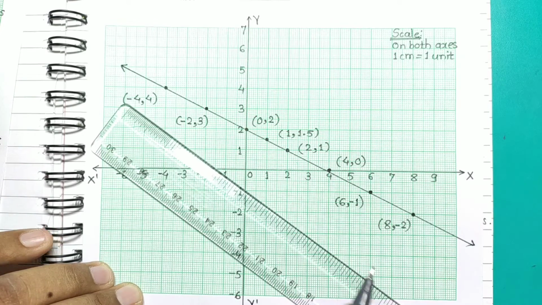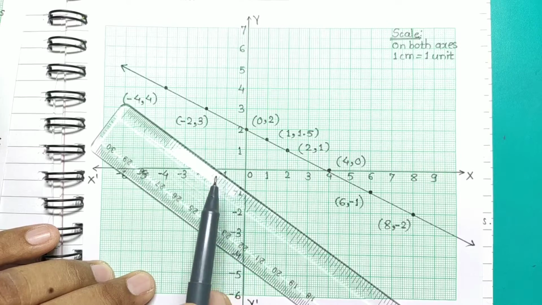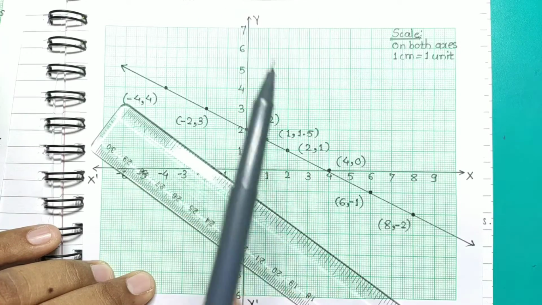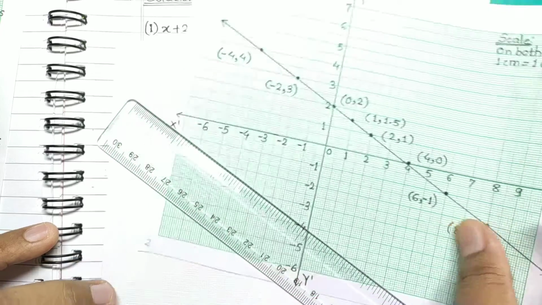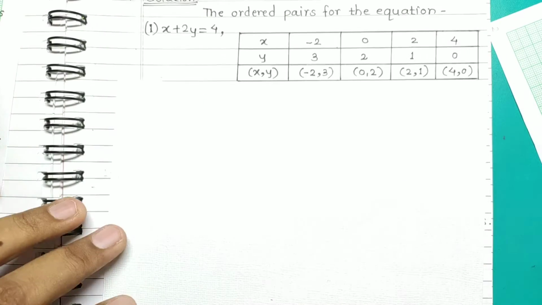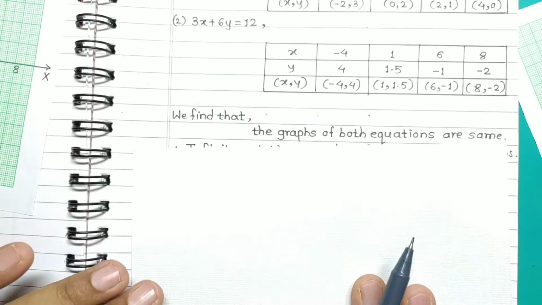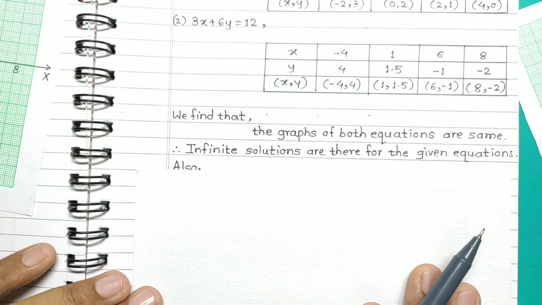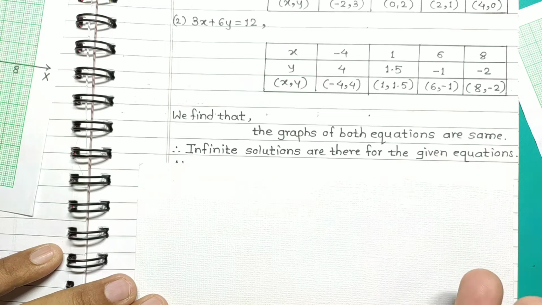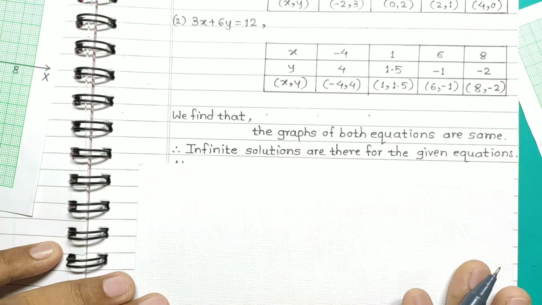Now let's think about what is the condition that two linear equations represent the same line. Here we find that the graph of both equations is the same, and that means these equations have infinitely many solutions.